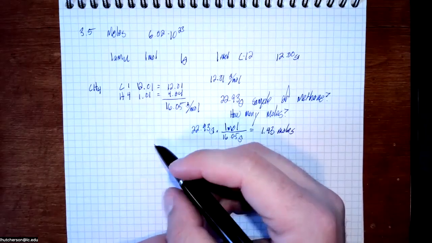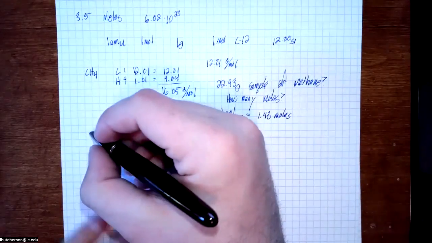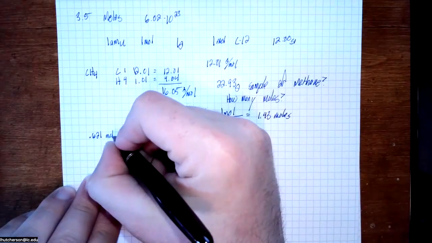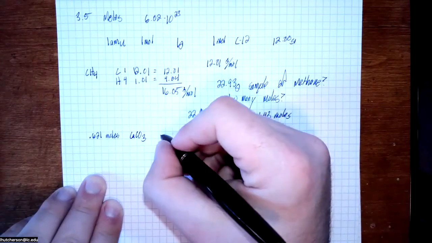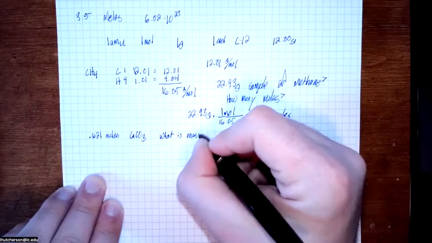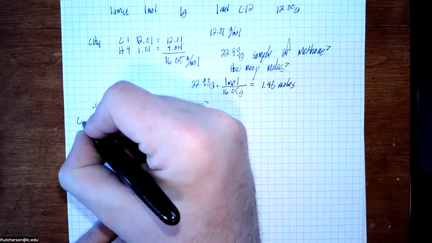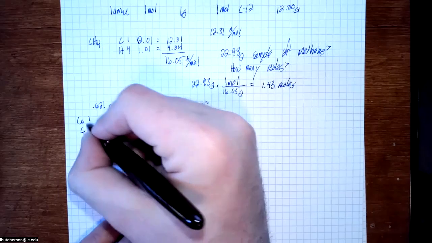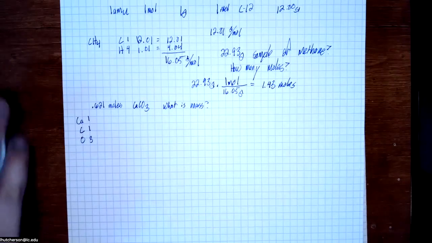All right. So let's look at this another way. Let's say that I want 0.621 moles of calcium carbonate. What would be the mass of that? Well, first thing I need to do is find my molecular weight. So I have 1 calcium, 1 carbon, and 3 oxygens.